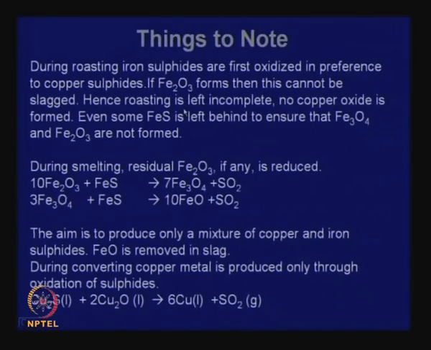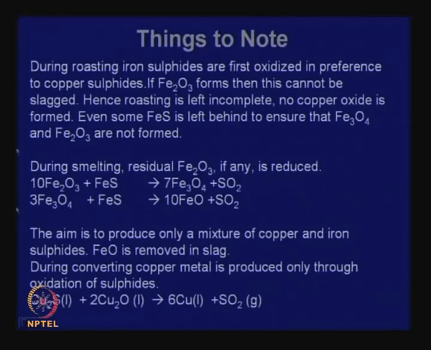Now, to understand what happens when we roast this sulphide concentrate in a reverberatory furnace, we should note that during roasting, sulphides are first oxidized, iron sulphides are first oxidized in preference to copper sulphides. Now, we do not want iron sulphides to form Fe2O3, because if Fe2O3 forms, then this cannot be slagged very easily.